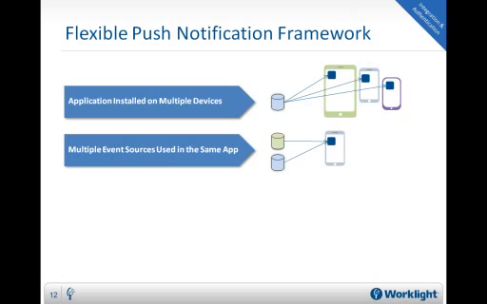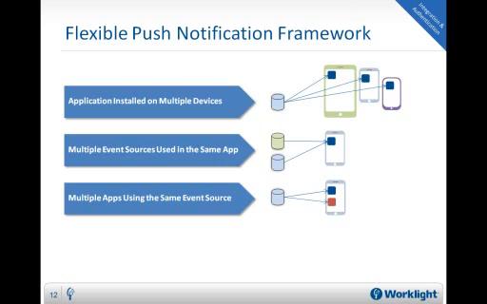In the scenario of multiple event sources used in the same application, the application can allow the user to subscribe to notifications arriving from different event sources, like different corporate backend applications, and can define separate notification callbacks for those event sources. So this provides the application the necessary flexibility for handling each type of notification as appropriate.